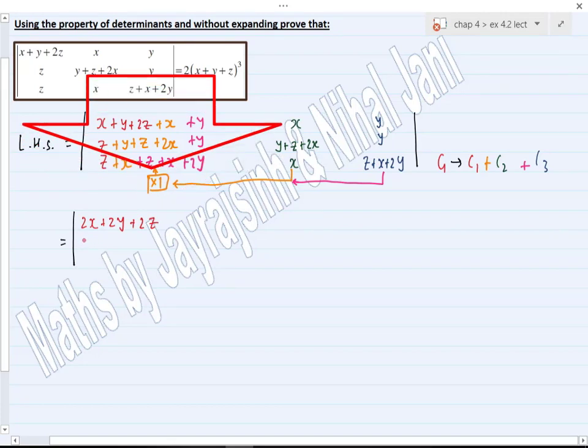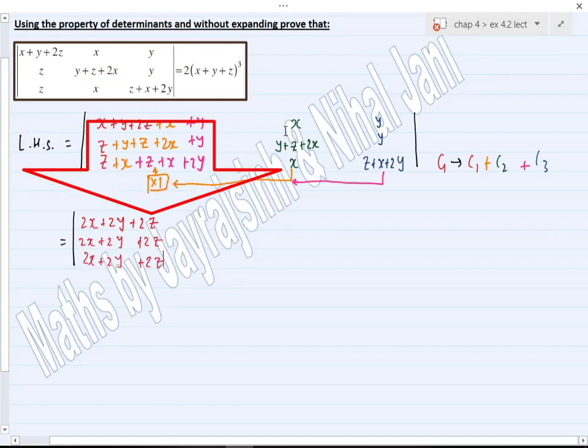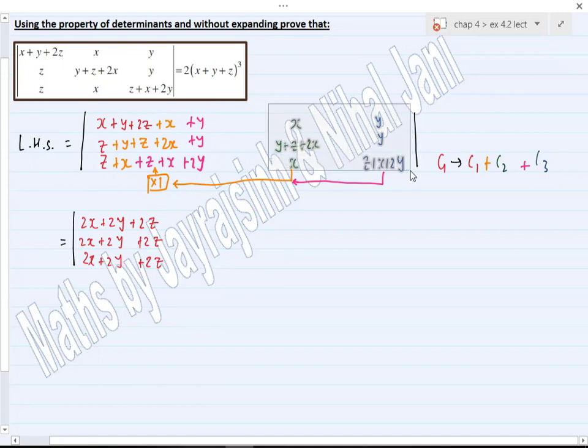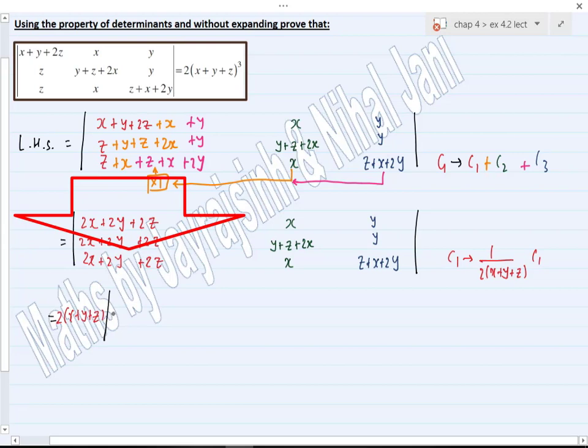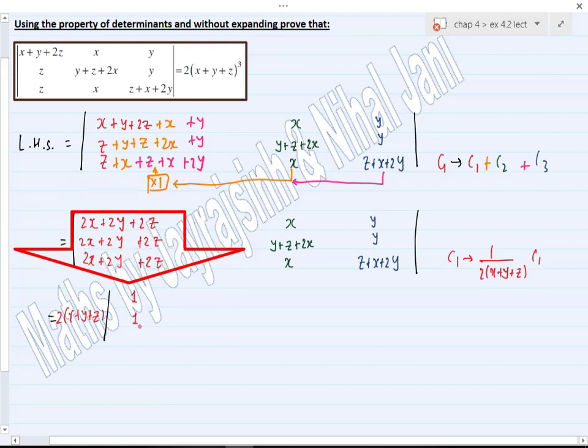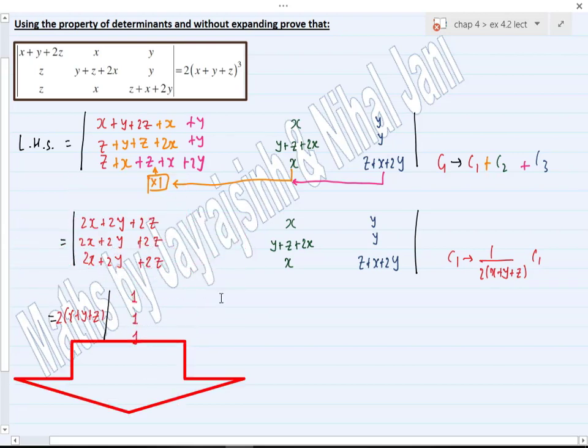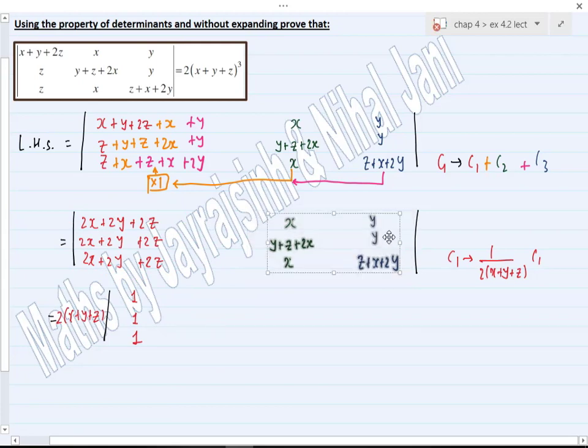Same quantities we will get in the rest of the elements, and the second and third column will remain as it is. So we can take common from the first column 2 times x plus y plus z. We have to multiply 2 times x plus y plus z, and your first column will become 1, 1 and 1. Rest of the two columns will remain as it is again.